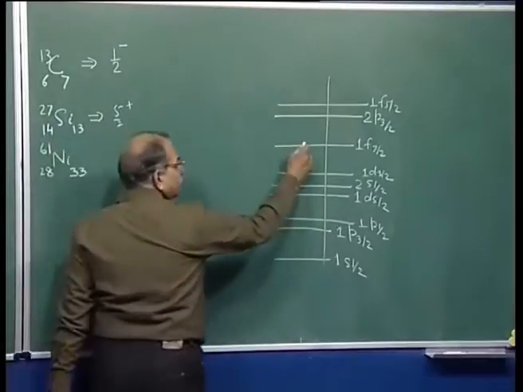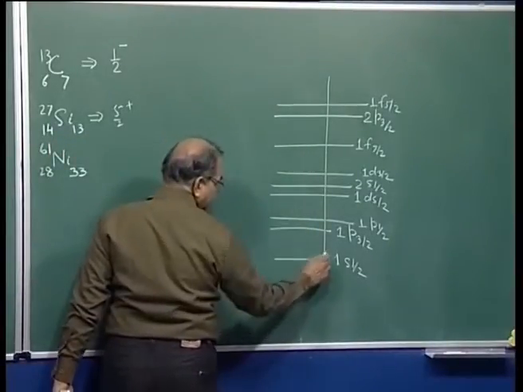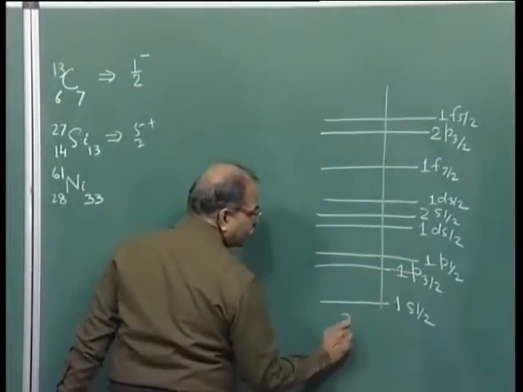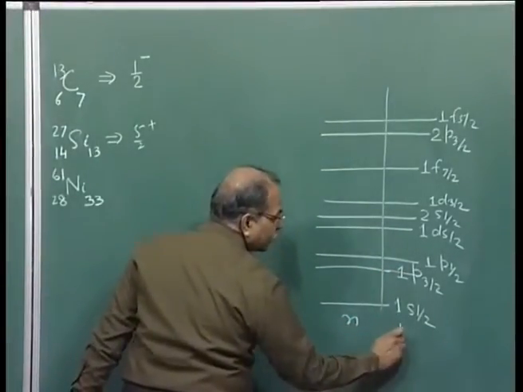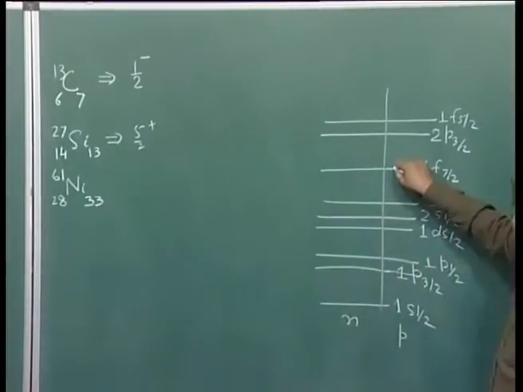28 will come up to here, right? So which side do I take proton, which side neutron? Let us take this side neutron and this side proton. So 28 up to here, this will be 28, remember? 20 and this makes it 28.